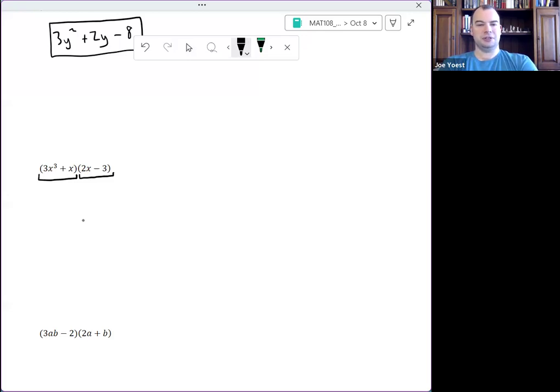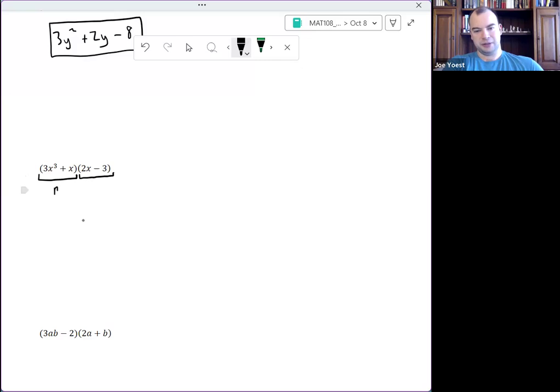It doesn't matter if this is 3x to the 10th plus x squared times 2x to the 5th minus 3x to the 4th. The structure is the same. What really matters is that it's two terms multiplied by two terms. What's in those terms is of less importance.